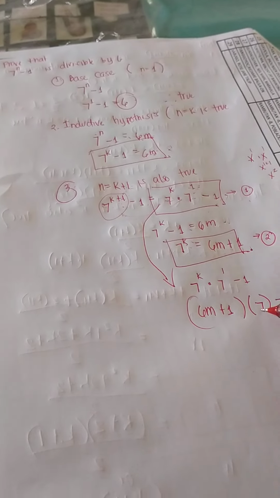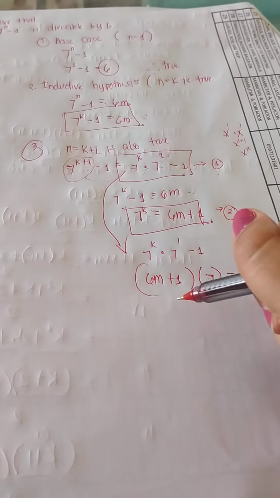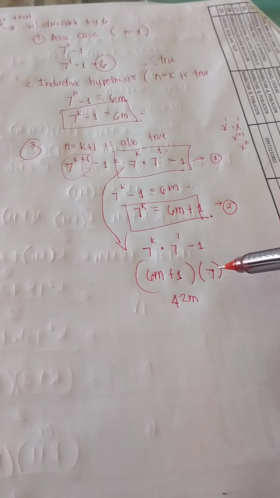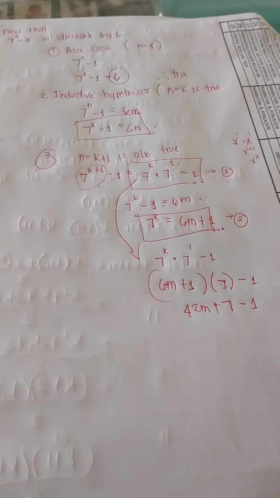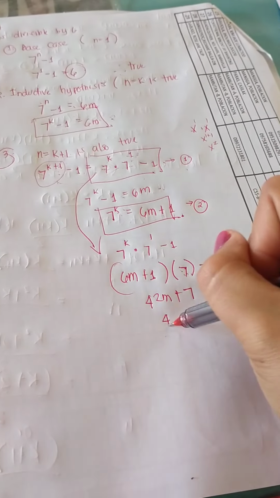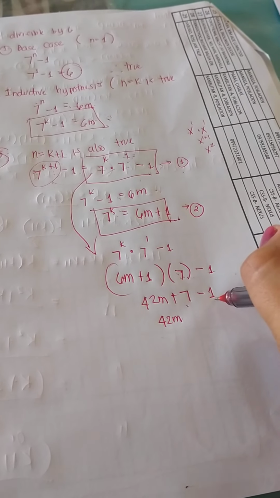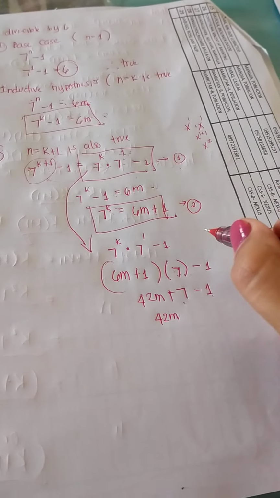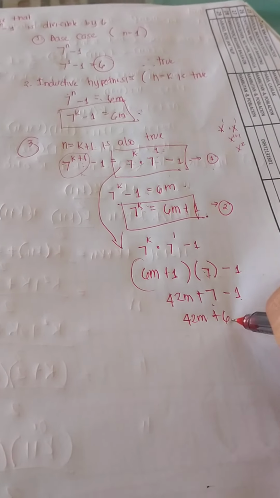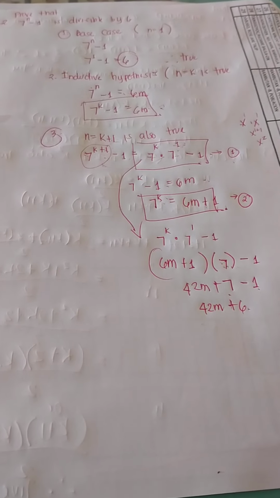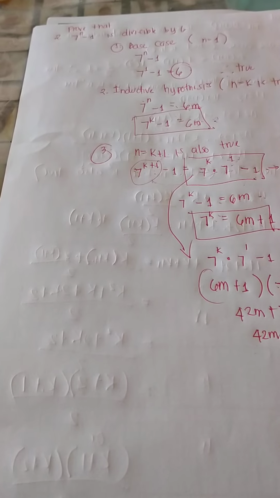Next is distribute. 7 times 6 is 42m. 7 times 1 is 7, minus 1. Then collect similar terms. 42m, positive 7 minus 1. Unlike signs, subtract, then copy the sign of the bigger number, positive 6. 42m plus 6. Then this statement should be divisible by 6.